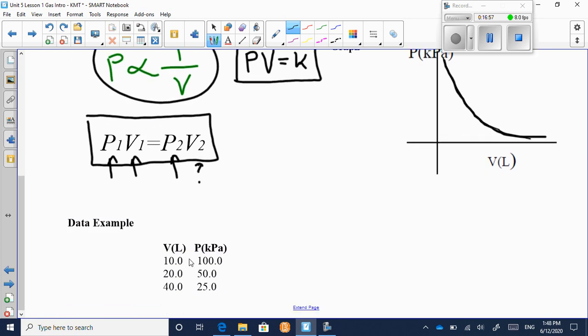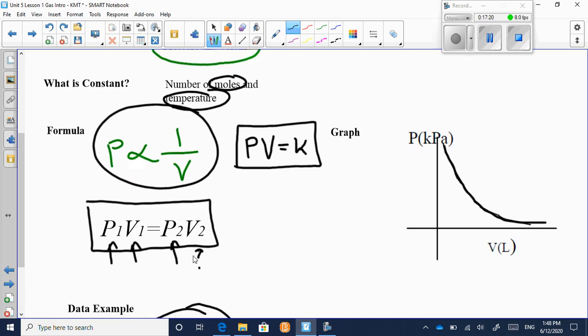I just wanted to show you an example of what the data might look like. Look at this, as you double the volume of a container, you halve the pressure. And if you were to double it again, you would halve the pressure again. So this is showing you the relationship between volume and pressure for an ideal gas.